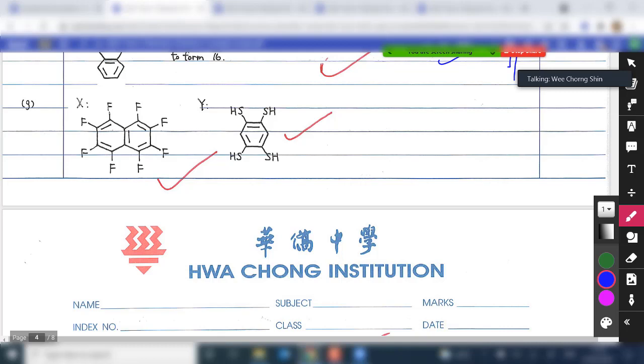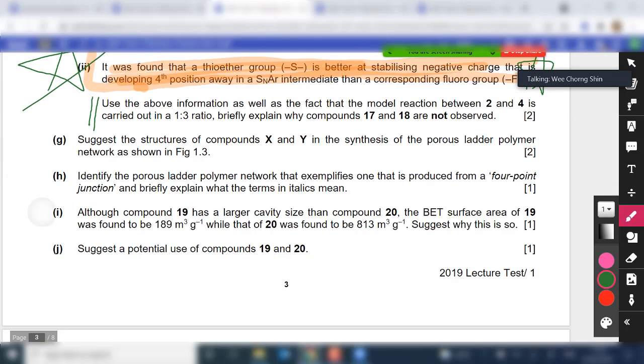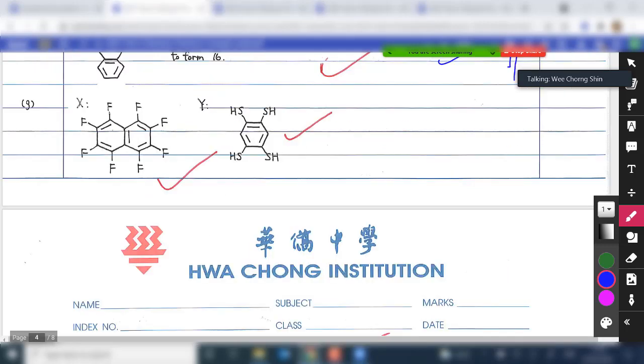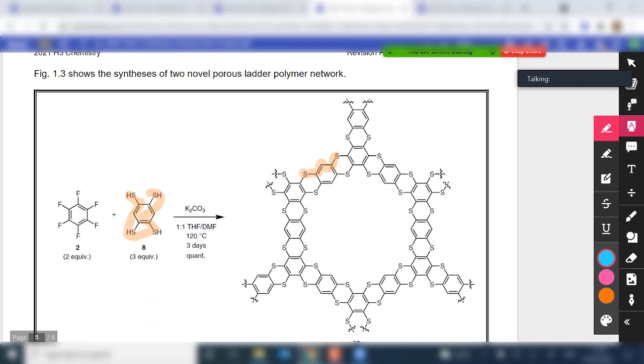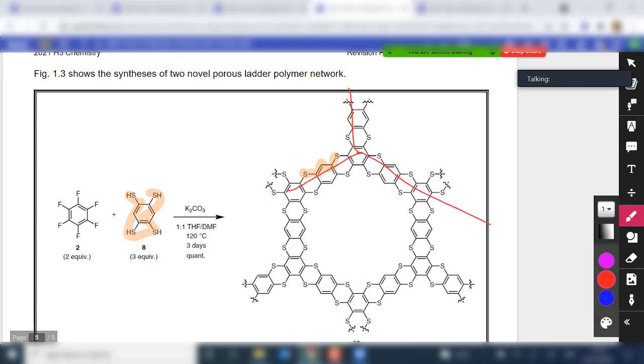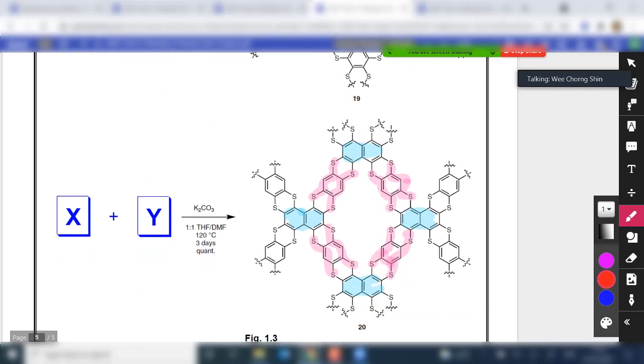I think later on they ask, why is it called a 4-point junction? Okay, because you realize that this thing can go 3 direction, I mean 3 point, like that. But this thing goes 4 ways.